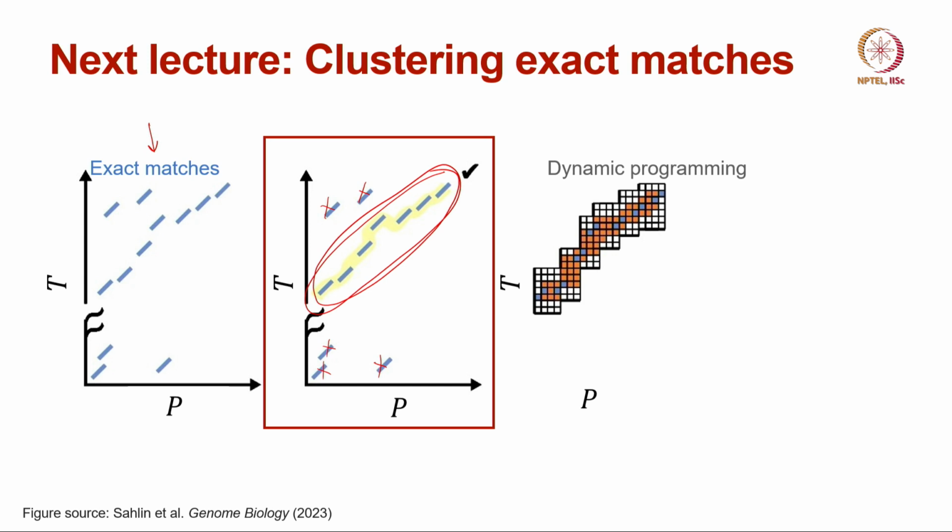So, we will look for formulations and algorithms that will allow us to locate good clusters of exact matches. And once we have good clusters of exact matches, then it is easy to do dynamic programming only along those clusters of matches, so that we do not waste time doing dynamic programming recursion on those matches which are just occurring by chance. So, see you in the next lecture. Thank you.